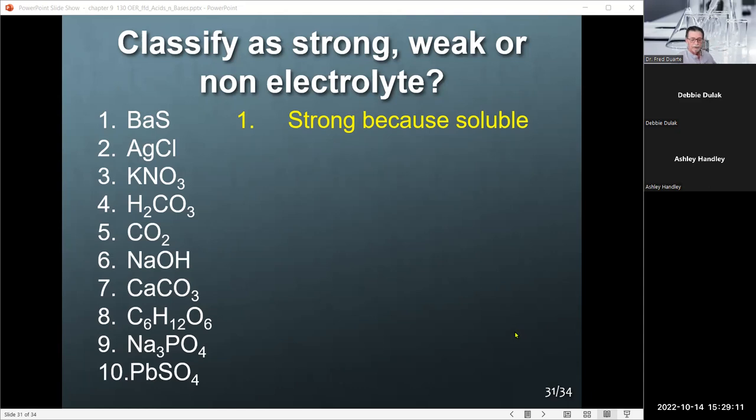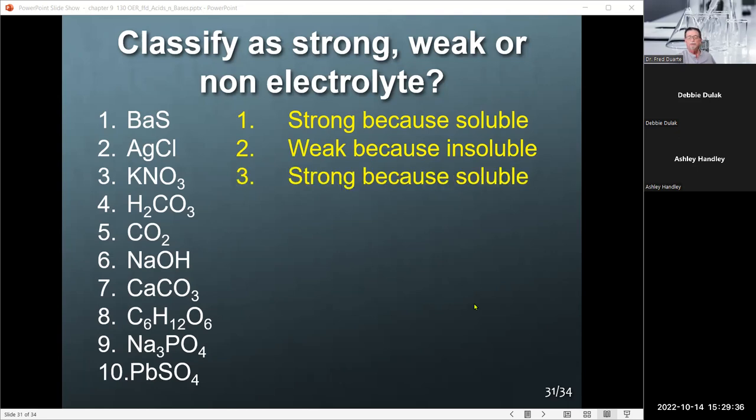We find that the chlorides normally are soluble, except when they're attached to the big metals, and silver is one of them. So therefore, this is classified as weak because it is insoluble. Potassium, you don't have to go any further. Potassium is part of the big four. All right, so automatically soluble, automatically strong. Okay.